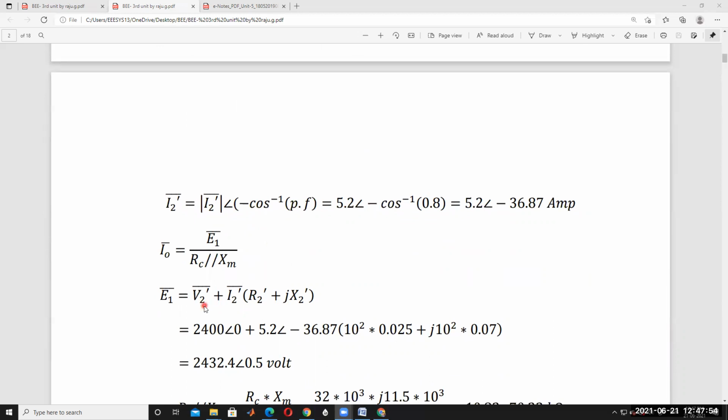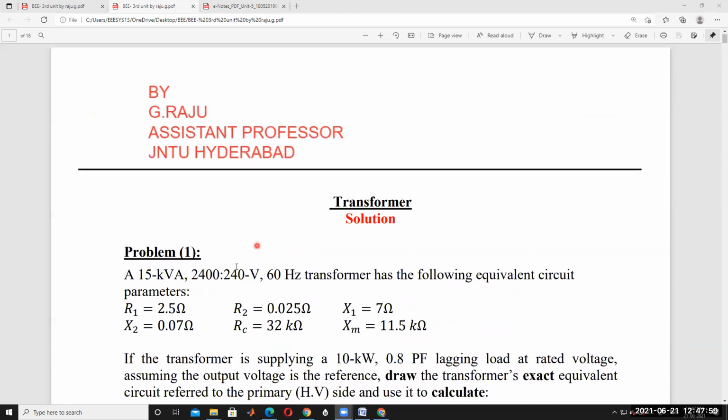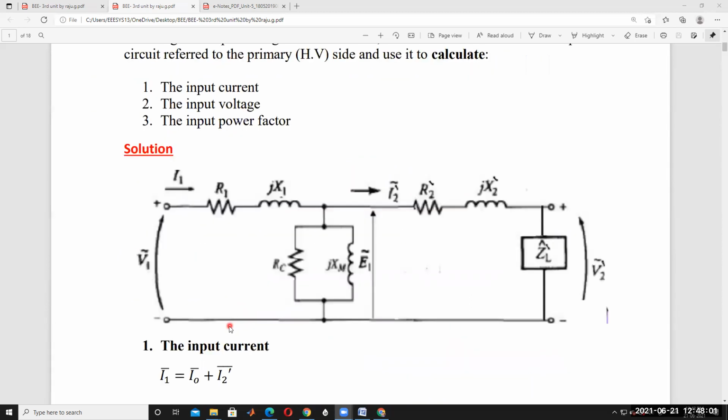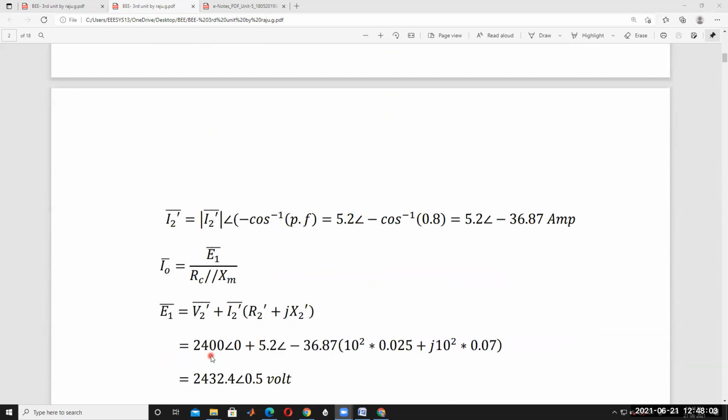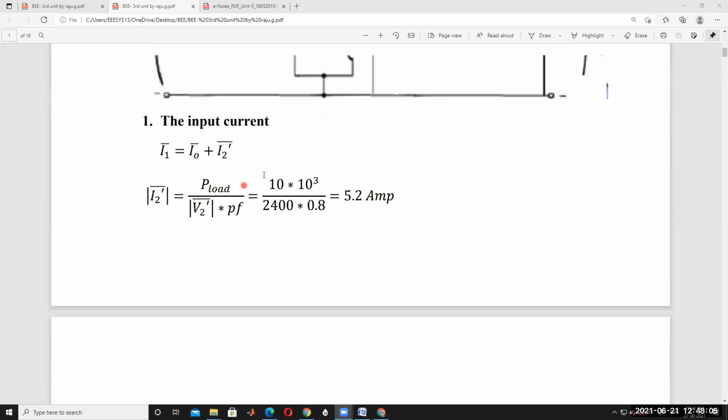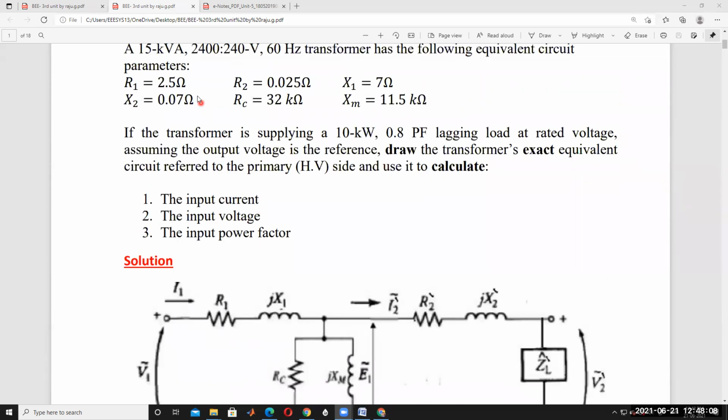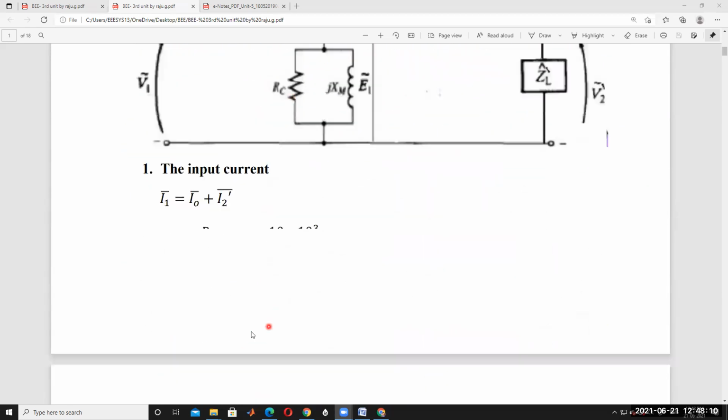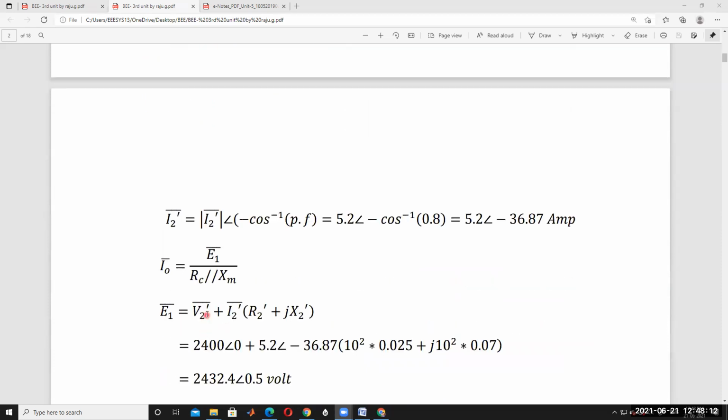So V2' is equal to a into V2. V2 is 240, a is 10, so 240 into 10 is 2400. All the parameters are referred to the primary, that's why V2' is equal to 2400.